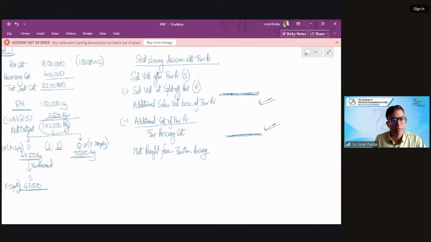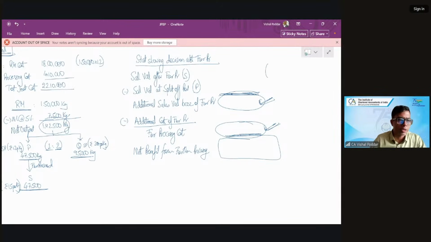If this net benefit is a loss, I will say, don't do further processing. So this is the direct method of decision making. So I find out the extra revenue I'll get by doing further processing, and the extra cost which I will spend for doing further processing, and comparing both, I'll get to know whether net I will be benefiting or losing. Understood, students? I hope everybody has got the logic of the direct method approach. Correct?